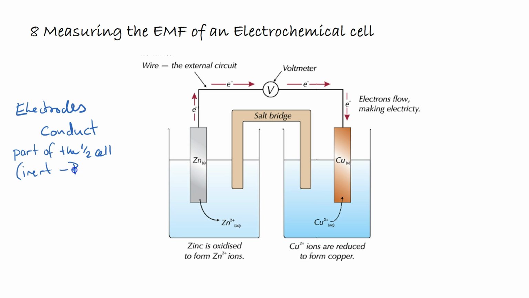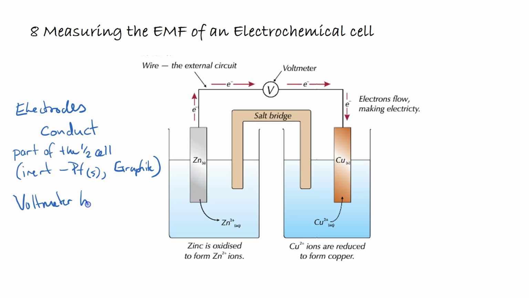These could be things such as platinum, in the case of the standard hydrogen electrode, or in the iron 2 plus, iron 3 plus electrode, or we could use a graphite carbon electrode like we see in the extraction of aluminium. Either of those electrodes do if we're not using an electrode which is part of the half cell.